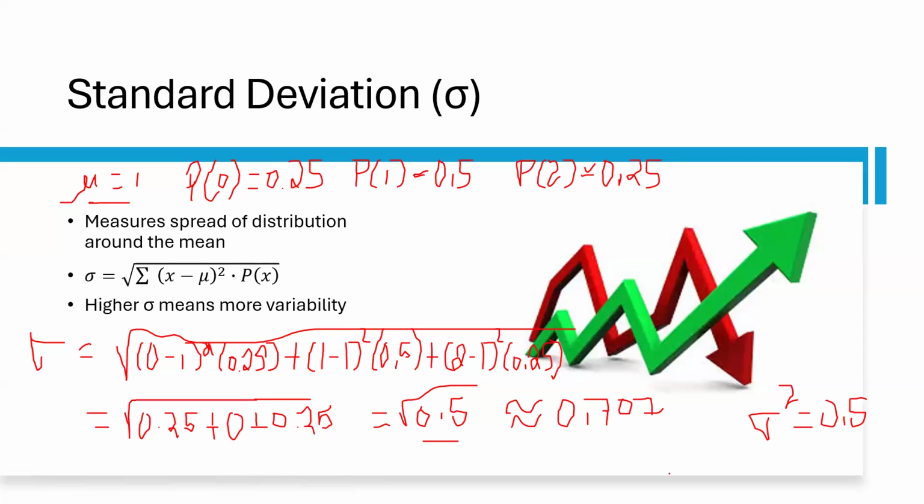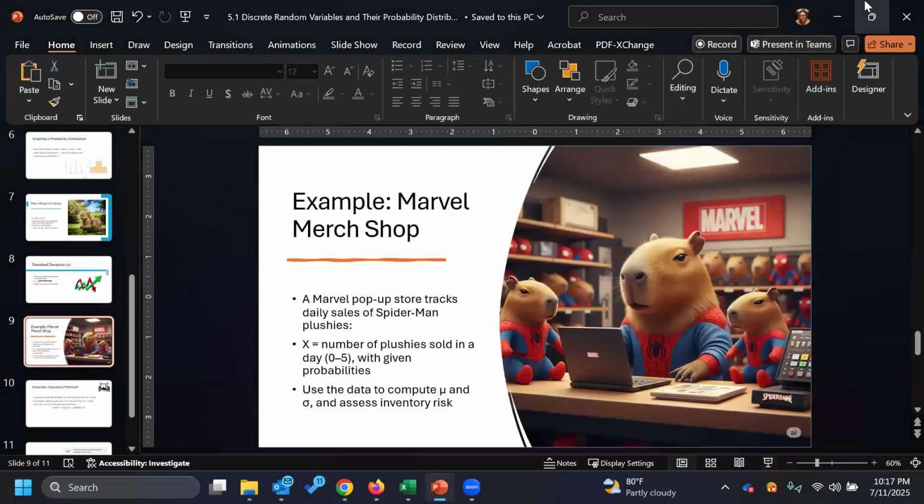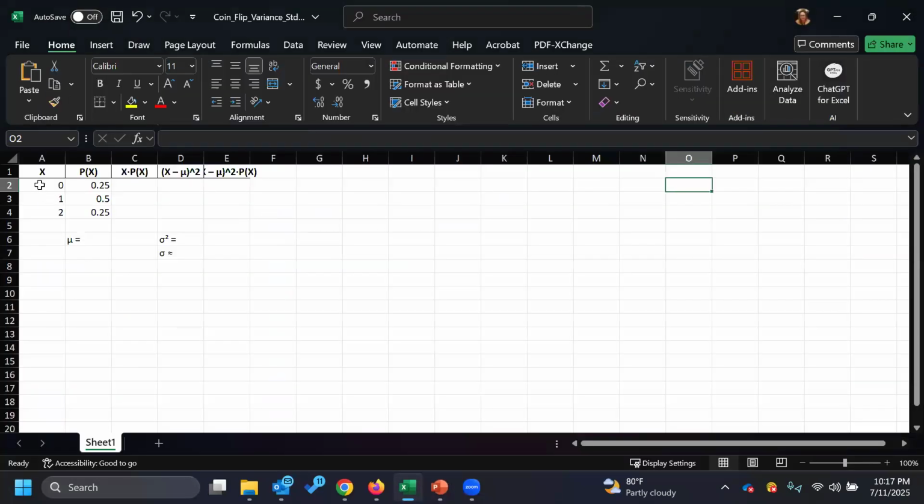All right, let's do this with Excel. I'm going to, very simple example, show you how we got that. All right, I've already put the outcome, 0 heads, 1 head, 2 heads, and the associated probability. 0 heads happens 0.25. 1 head happens 0.5 of the time, right?